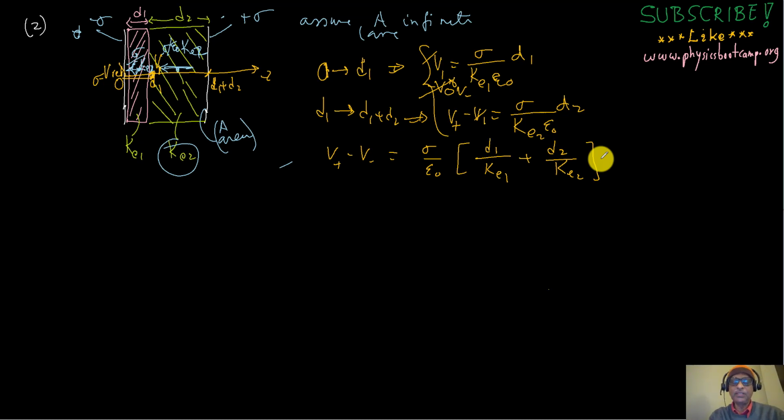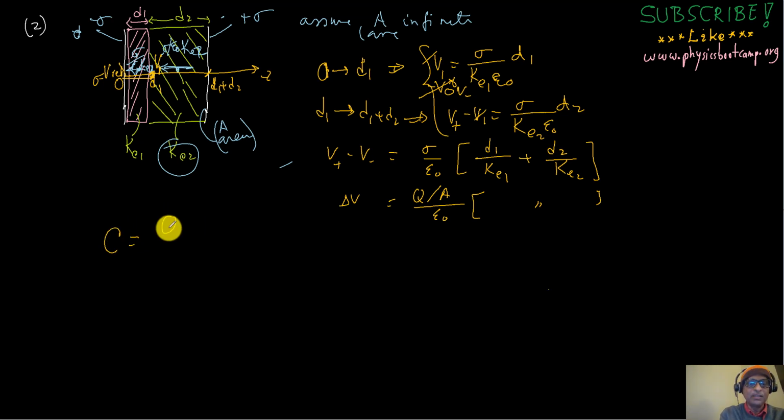And so this is Q times A, Q over A epsilon naught, and you have this stuff. And this side is delta V. So Q over delta V will be the capacitance.